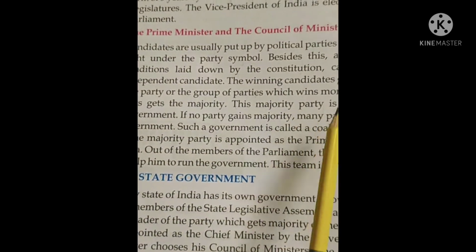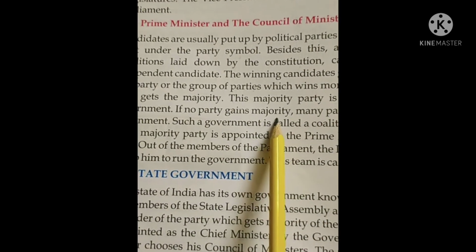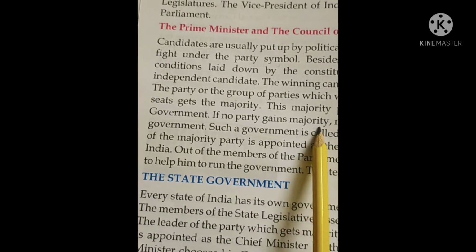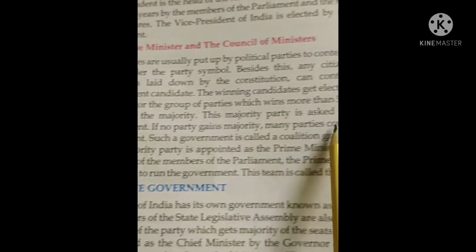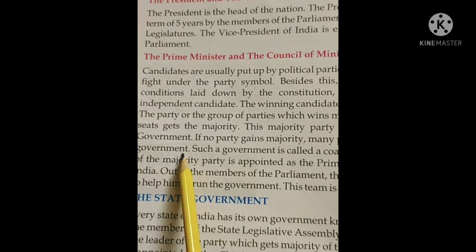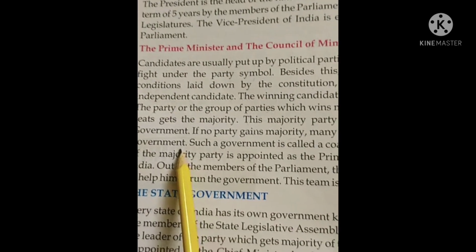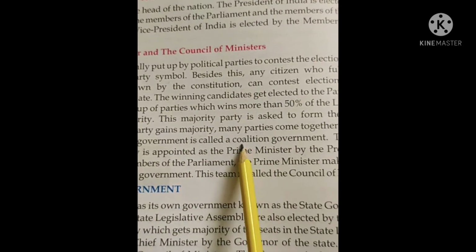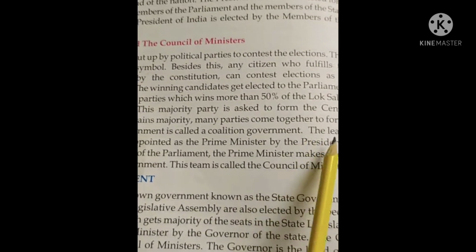So या तो एक ही पार्टी majority से वोट लेकर के आए 50%, more than 50%. Otherwise, different parties can come together and form the government. 2-3 पार्टियाँ एक साथ मिल करके भी government बना सकती हैं. Such a government is called a coalition government.